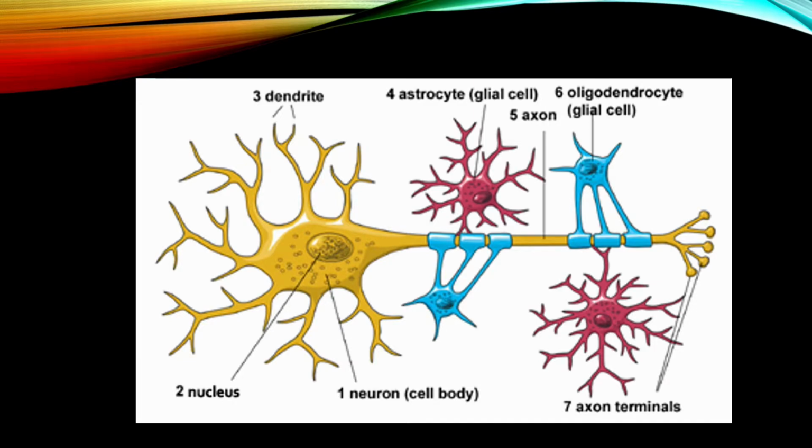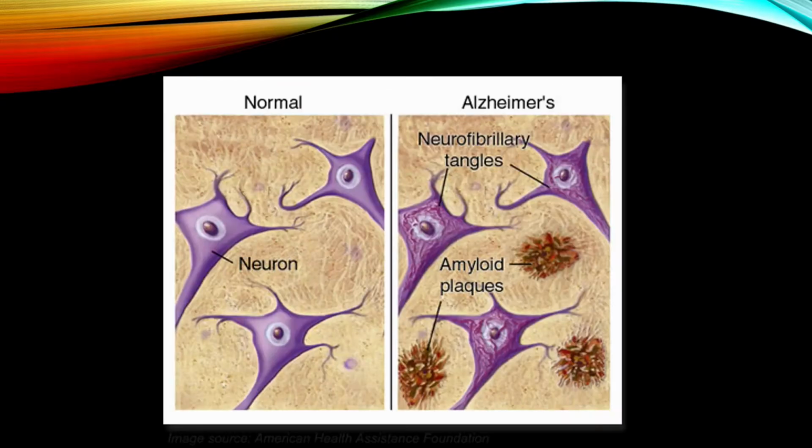But as time goes on, as these are affected and the neuron itself is affected, function declines. And then you have the plaque buildup, the amyloid plaques, and you have the tangles in the cell itself.